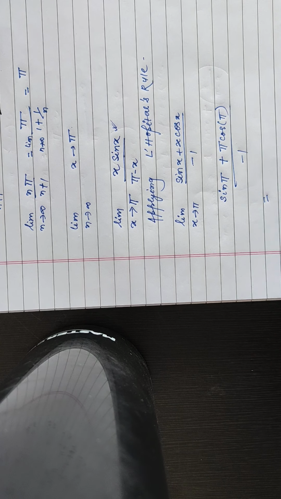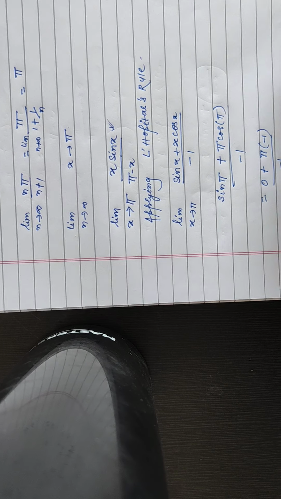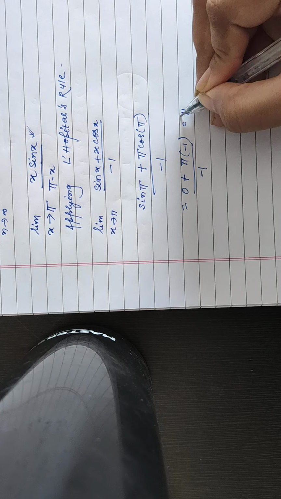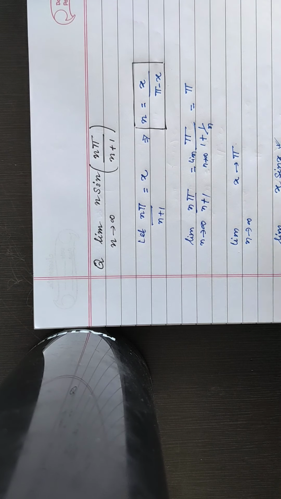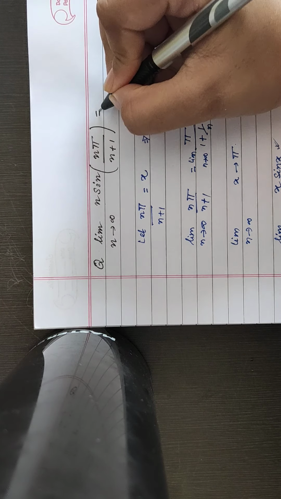As you know, sin pi is equal to 0 and cos pi is equal to minus 1, and we have again a minus 1 in the denominator, so it will be equal to pi. So the answer for this question, the limit as n tends to infinity of n sin(n pi by n plus 1), is pi.